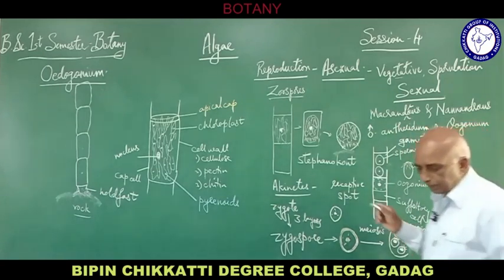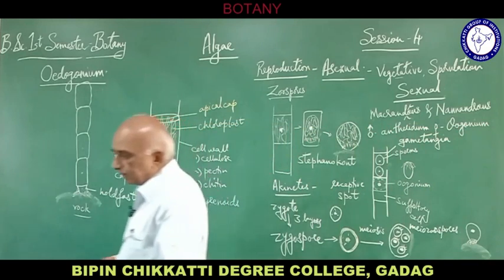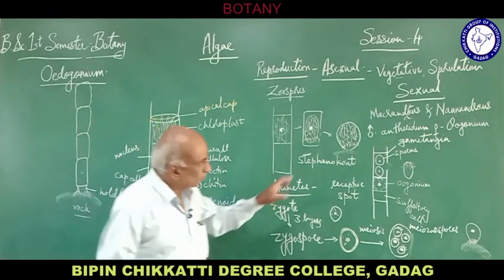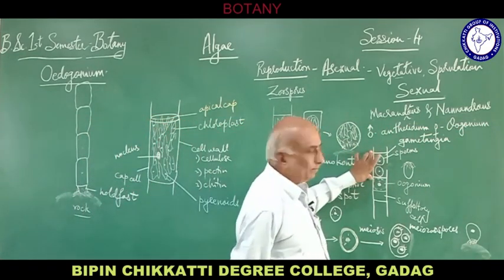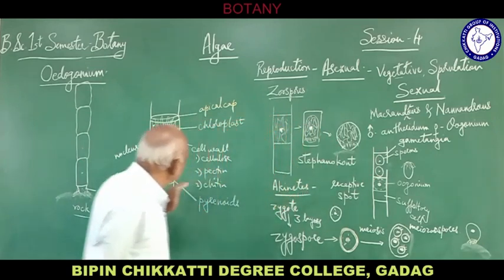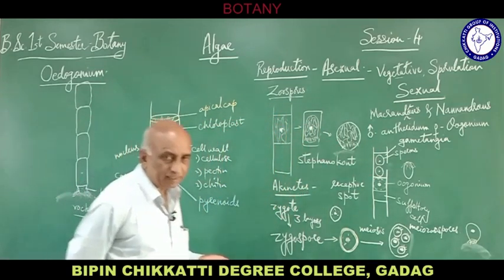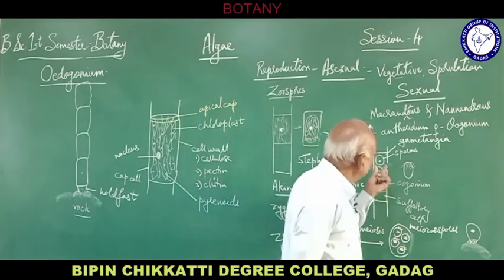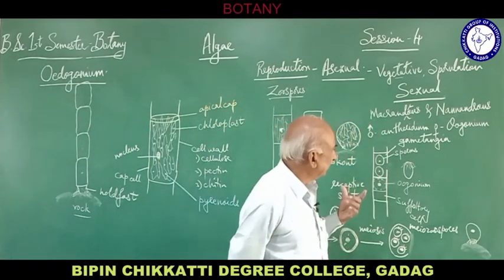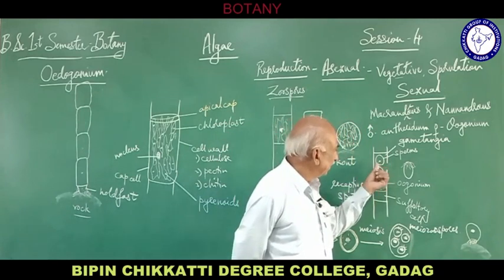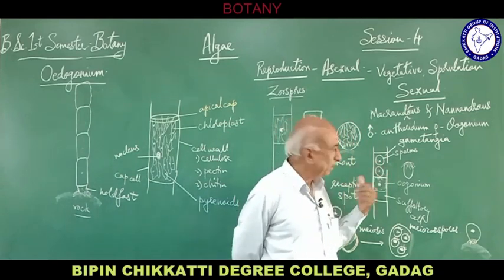The antheridium is developed from a normal cell, usually a cap cell. A cap cell is a well developed, matured cell, and each functions like an antheridium, the male gametangium.